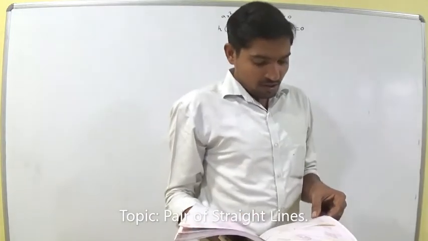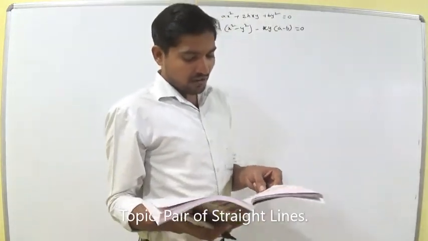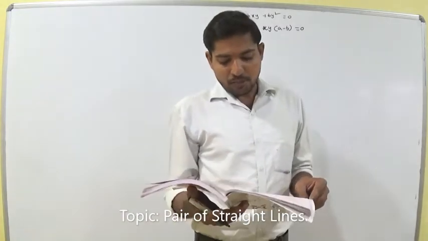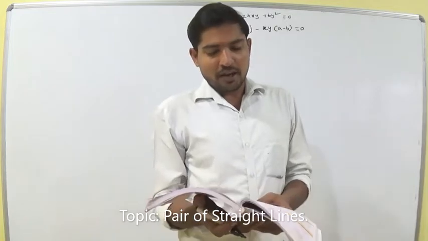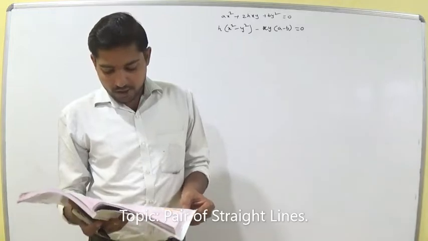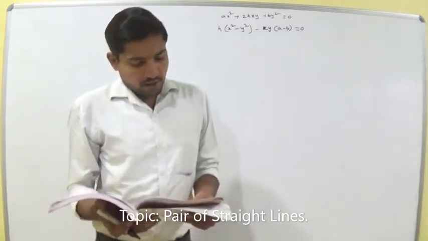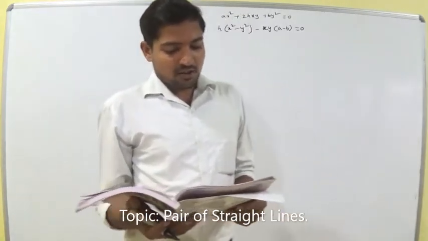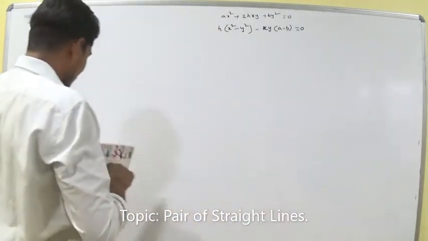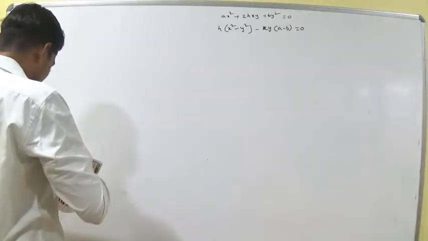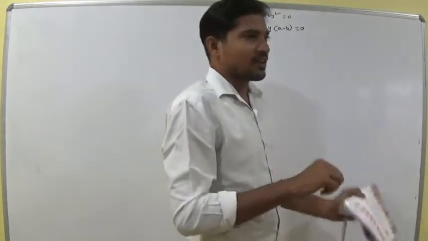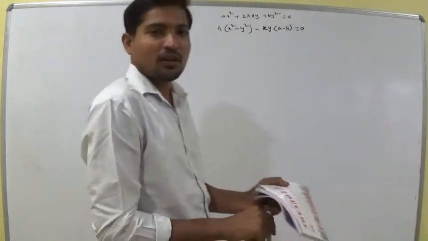Now the 13th one: if the equation of the pair of bisectors of the angles between the pair of lines 3x square plus xy plus by square equal to 0 is x square minus 14xy minus y square equal to 0, then find the value of b. Here he has given one equation and its angle bisectors equation is also given, then find the value of b.